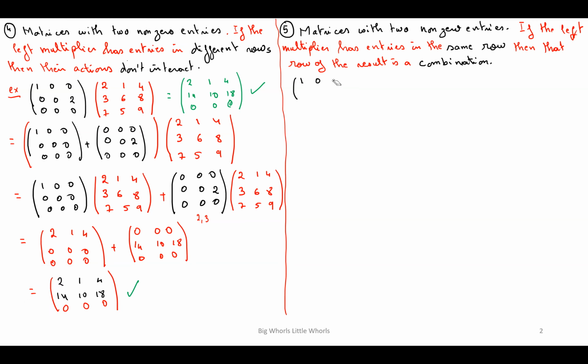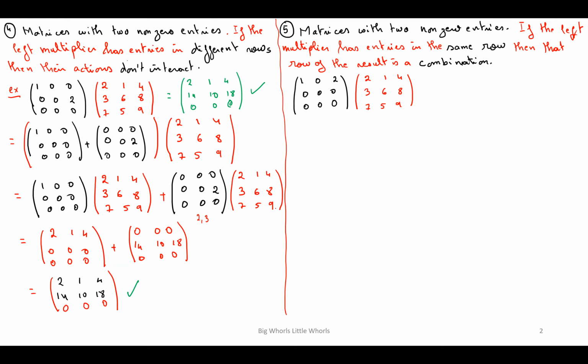Let's put the 2 on the same row, and here 0 0 0 0 0 0. We multiply by 2 1 4, 3 6 8 and 7 5 9.